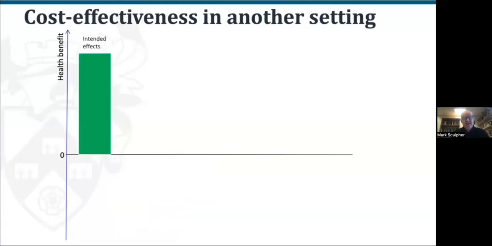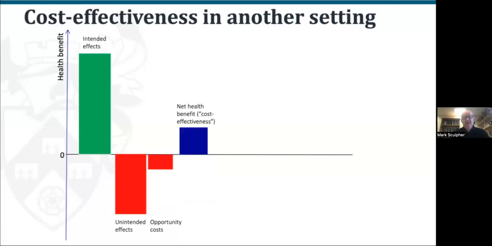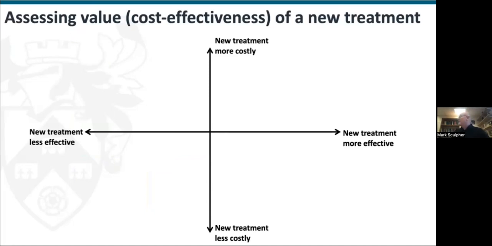In another setting, that same intervention might have much lower opportunity costs, such that overall there is a positive net health benefit, and we can conclude that intervention is cost effective and worth funding in the system. So we'll come back to opportunity cost later because it is so fundamental, and it will vary so significantly across different healthcare systems. This is a very popular way of thinking about this concept of cost effectiveness or value for money.